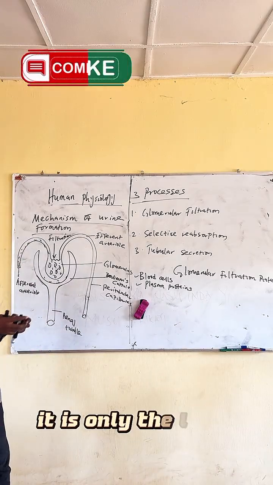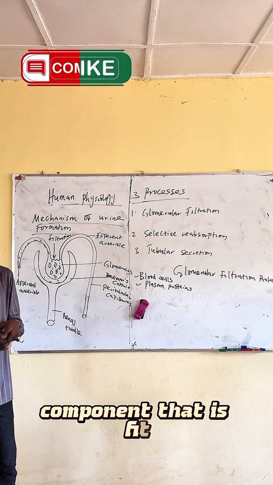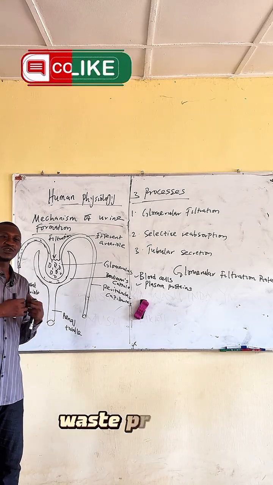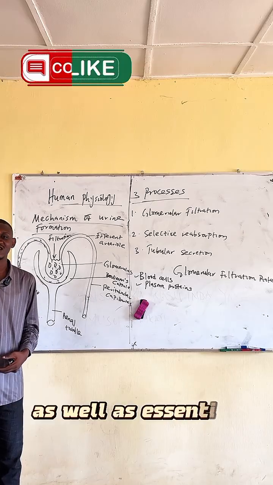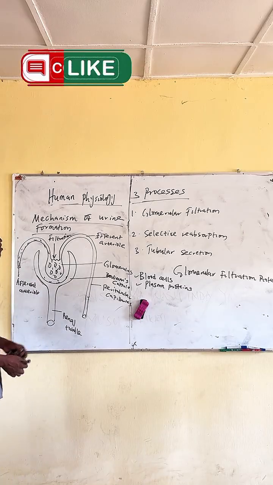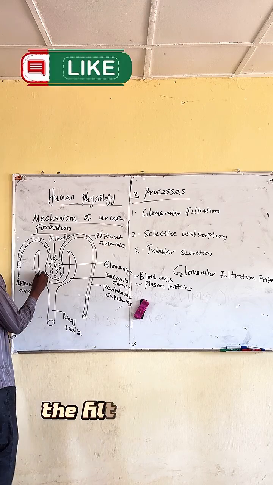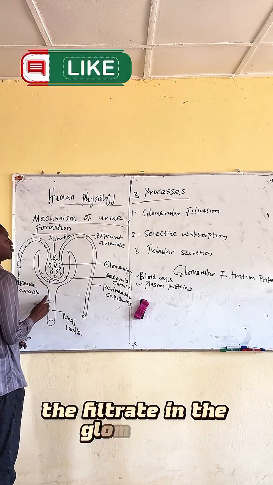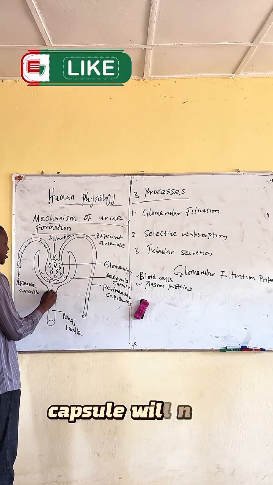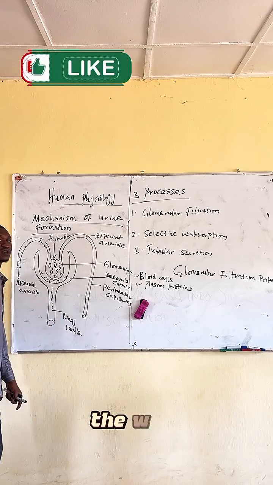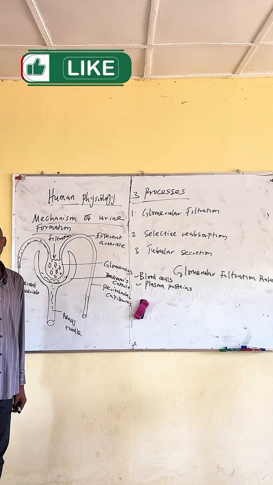So it is only the liquid component that is filtered, and this liquid component contains waste products as well as essential materials. After the glomerular filtration, the filtrate in the Bowman's capsule will now diffuse into the renal tubule.